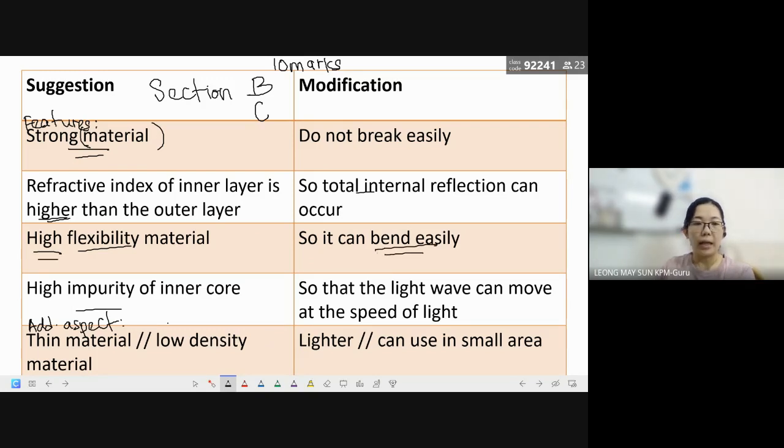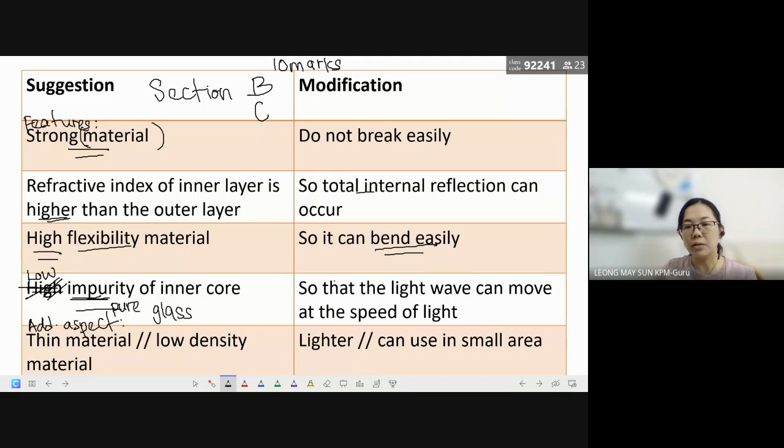And then impurity of the inner core, it has to be high impurity. Low impurity, sorry, shouldn't be high. Why? Because the inner core, if it's glass, needs to be pure glass. Pure glass means there are no impurities inside. So my answer is wrong. It's supposed to be low impurity of inner core, if my understanding is correct.